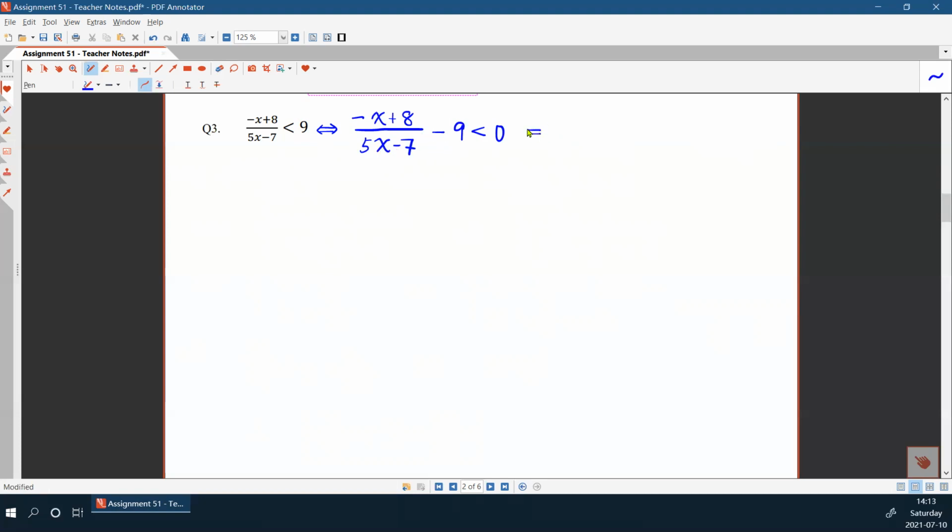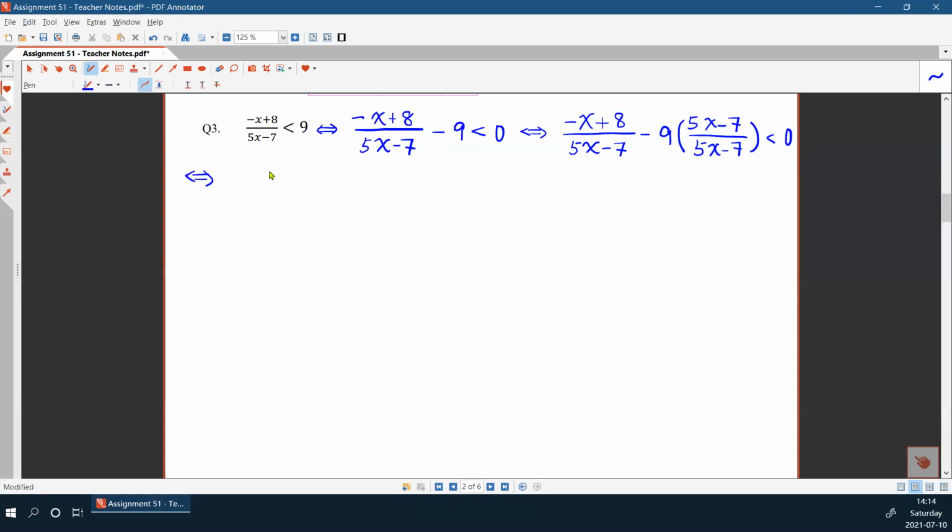So this expression is equivalent to minus x plus 8 over 5x minus 7 minus 9 times 5x minus 7 over 5x minus 7, which is less than 0.